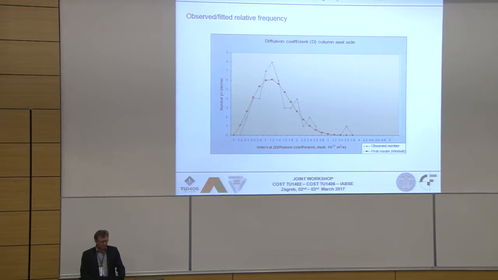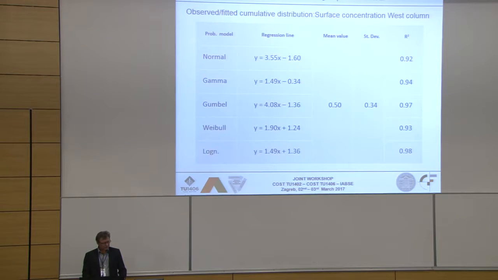This is now the histogram, and again you see that there are some peaks and valleys, but overall we see that the smoothed probability model would fit the histograms in an okay manner. Now this is the surface concentration, not the diffusion coefficient, and we look at different parts of the bridge.